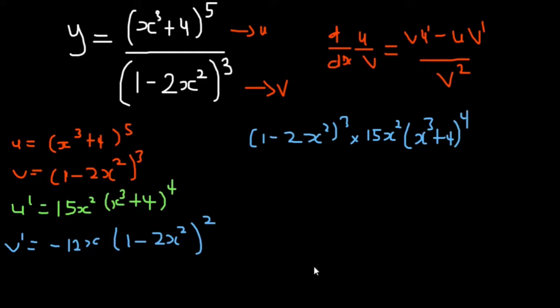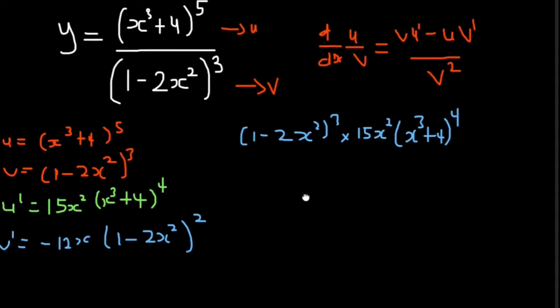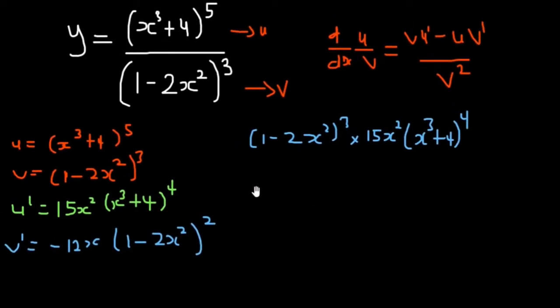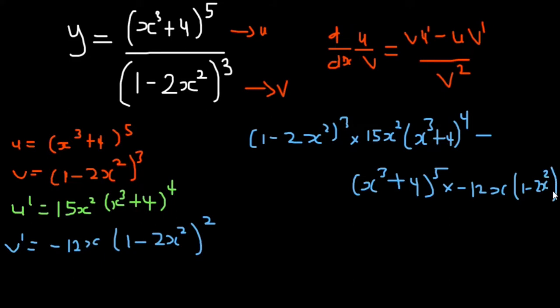Okay, minus u, so that's x to the power 3 plus 4 to the power 5, times v prime, that is times minus 12x into bracket 1 minus 2x squared, all squared. Okay, so this is what I have.